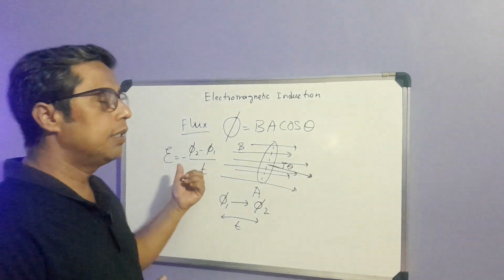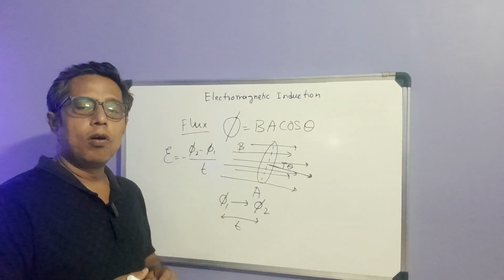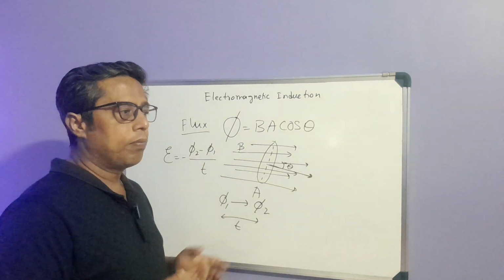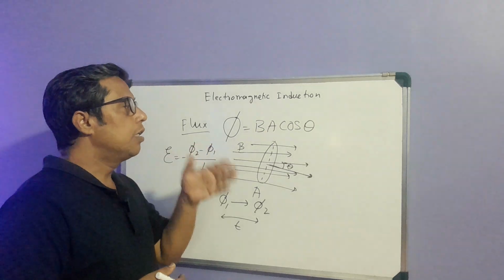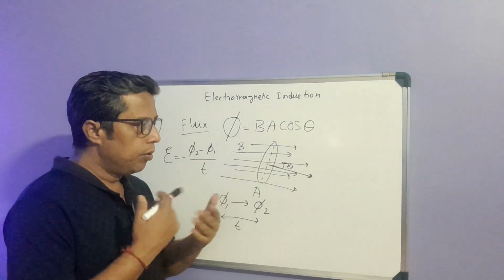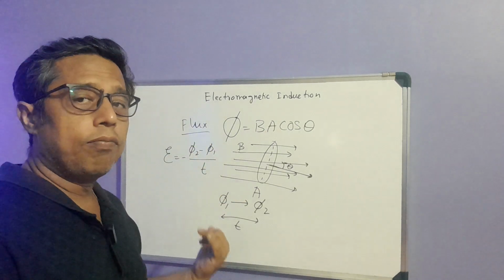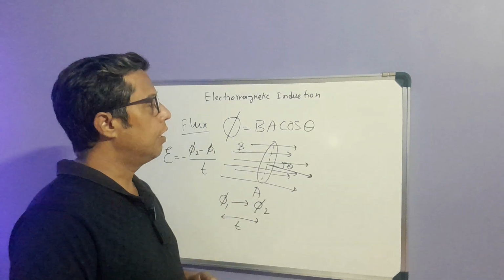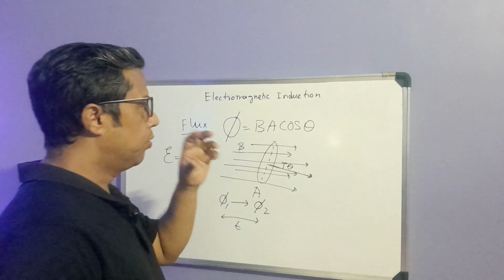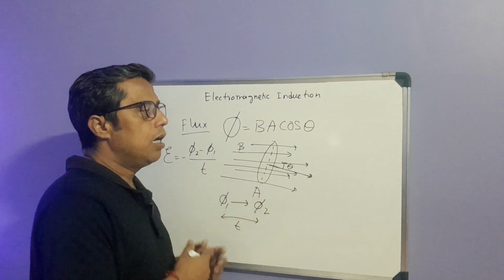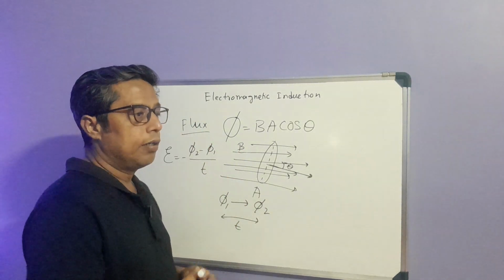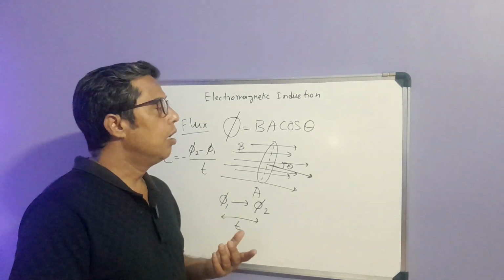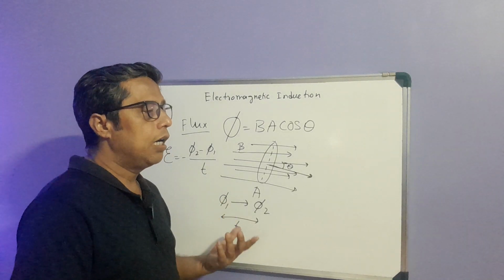That's why we use the minus sign in Lenz's law. The current produced because of the change in magnetic flux and the change will oppose each other. When we want to identify the direction of current in a coil, we can identify it using Lenz's law.